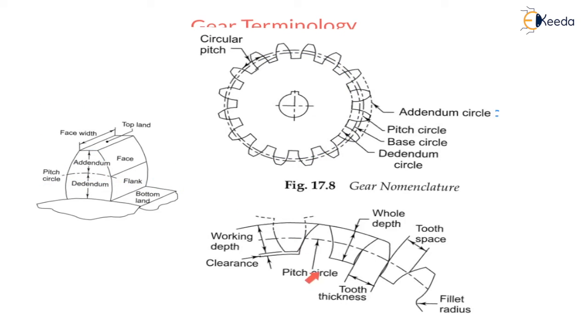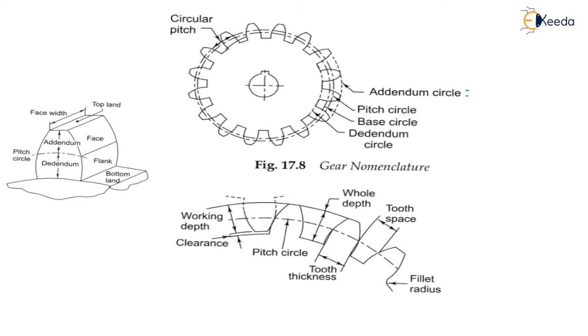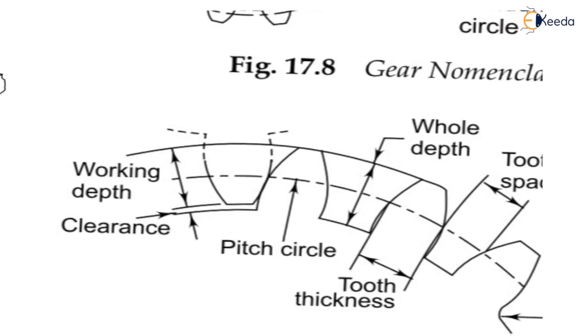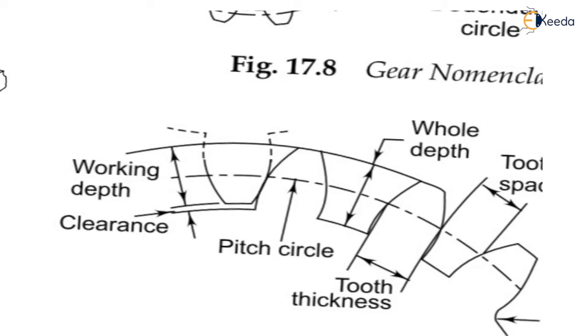Now here you can see two mating gears. This is the tooth of the upper gear and this is the tooth of the lower gear. I will zoom in so that you can clearly visualize, for working depth and total depth, which we have to see.